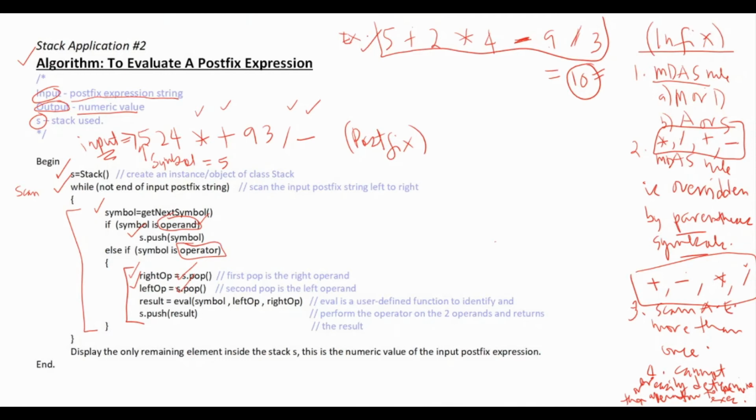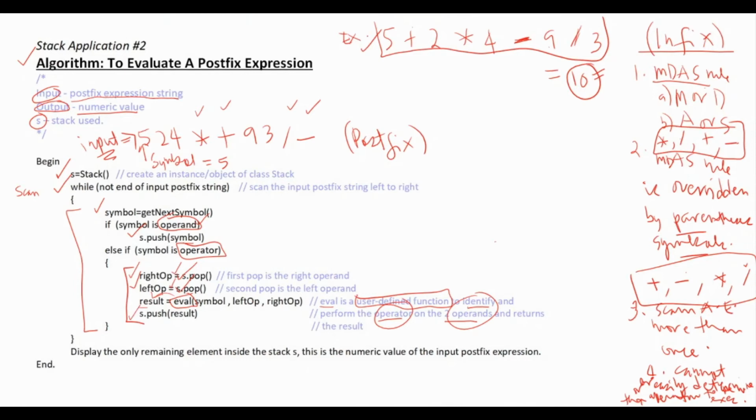The first pop is assigned as the right operand, the second pop value is assigned as the left operand, and then we call the eval function, which is a user-defined function to identify what operator it is and then perform that operator on the two operands, the right operand and the left operand. And then this eval function will return the numeric value of evaluating the operator on the two operands. And it will be assigned to a local variable result. And then that value result will be pushed into the stack.